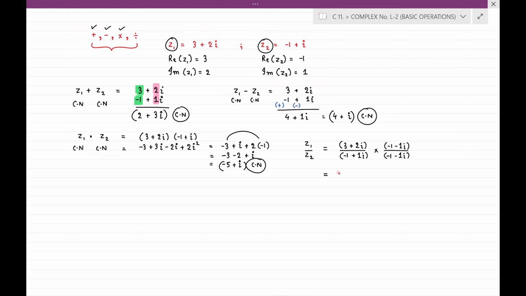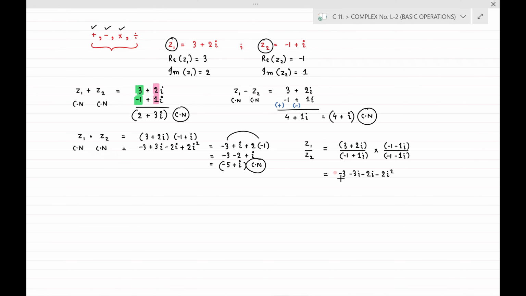Now the numerator part will be minus 3, minus 3 iota, minus 2 iota, minus 2 iota square, the whole thing divided by a plus b into a minus b, which is a square minus b square.